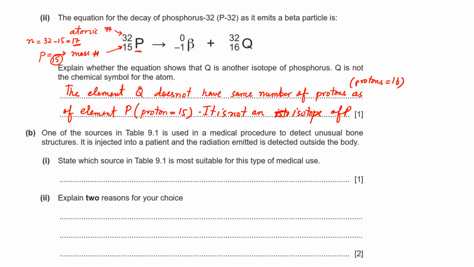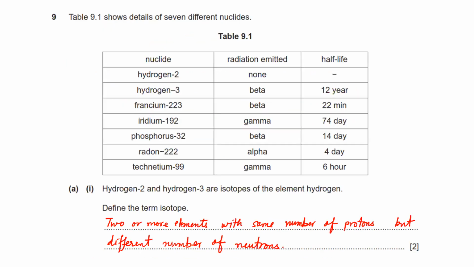Then part B says one of the sources in table 9.1 is used in a medical procedure to detect unusual bone structures. It is injected into the patient and radiation emitted is detected outside the body. State which source in table 9.1 is more suitable for this type of medical use. For such medical use, number one thing we need is a half-life that is not very small, but does not go into days or years.